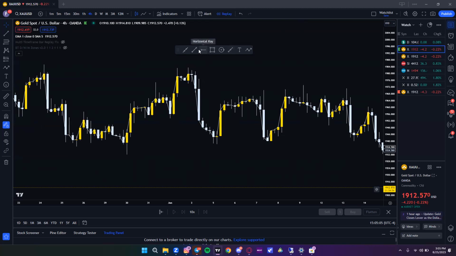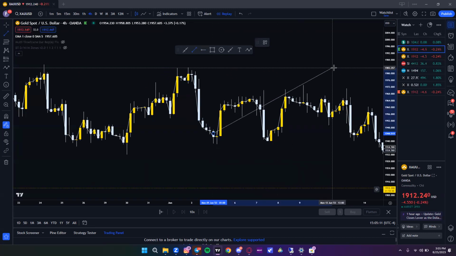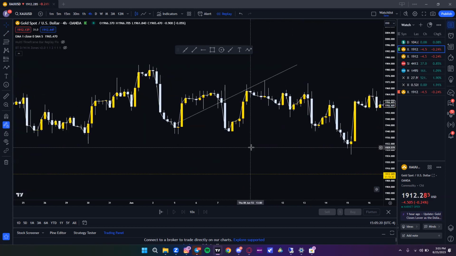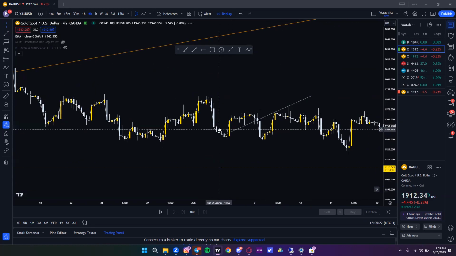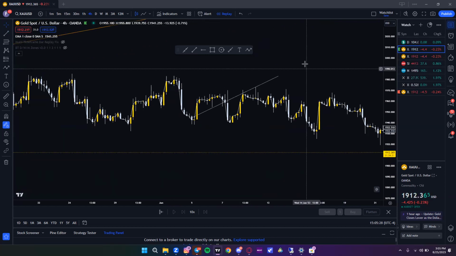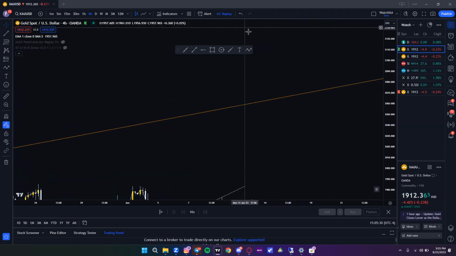Oh, I think this is it. As you can see right here, there is support, resistance. We have two trend lines. One trend line looks like this.